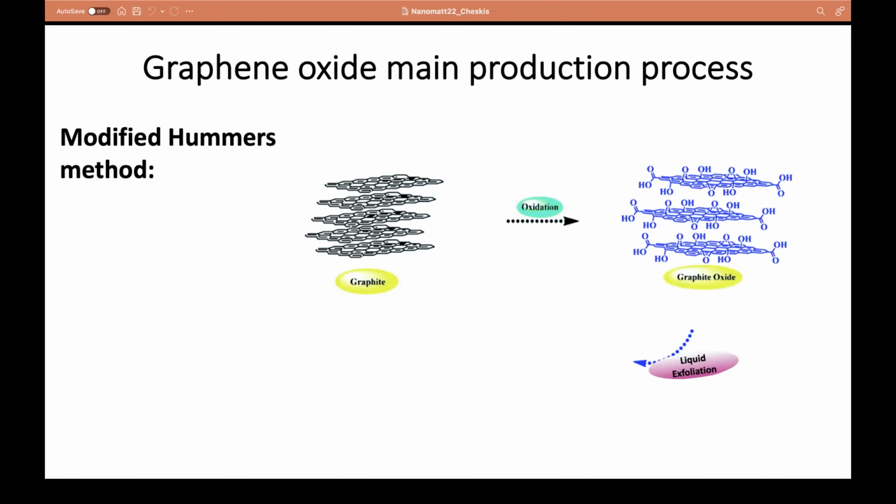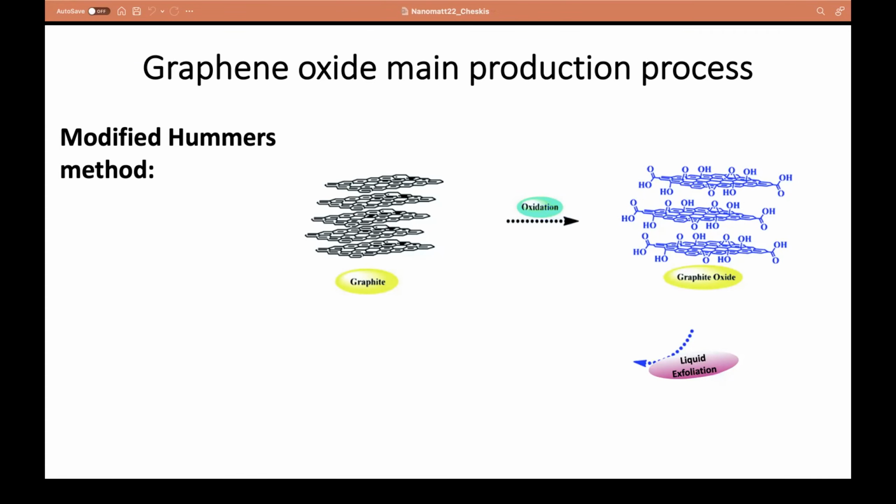This comes with oxidation of graphite, and we get graphite oxide, which is layers of graphene connected with oxygen groups.